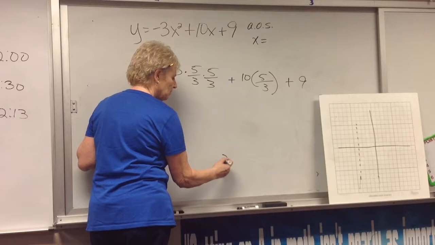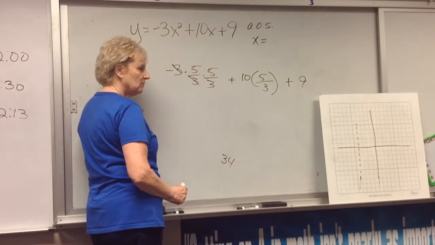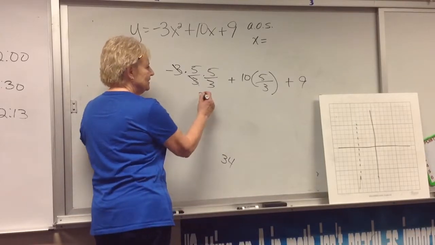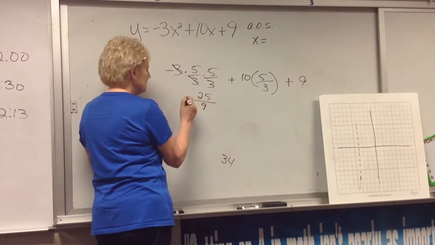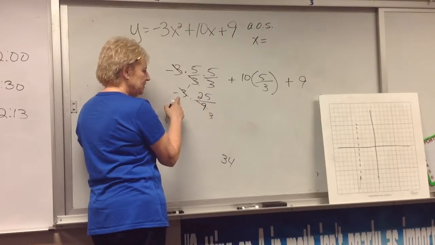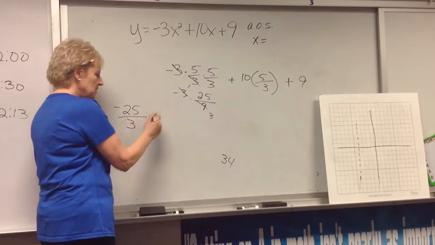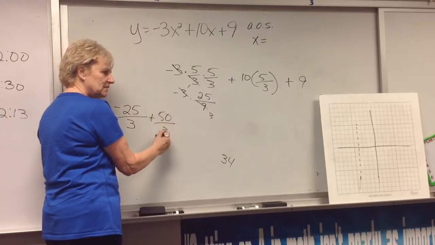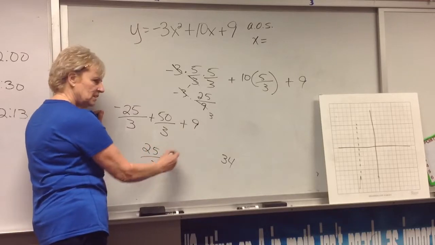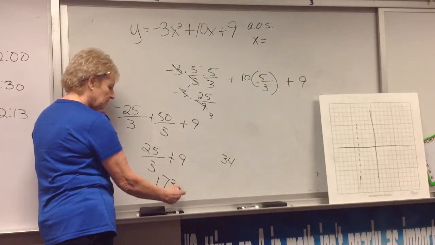They have to multiply by each other first, don't they? 25 over 9 times, that's still negative, so it's negative 25/3 plus 50/3 plus 9. That's 25/3 plus 9, 17 and 1/3.